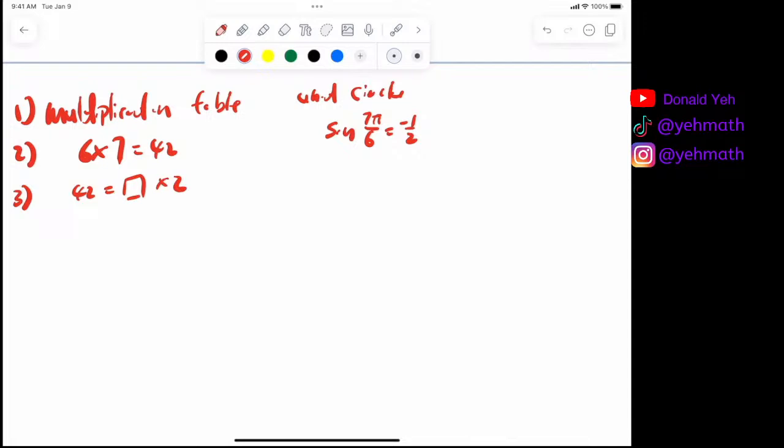Then I restrict it so that it has to be something times 2, not something times 6. So there's some type of restriction in play, and therefore this one has to be 21. But here, it's probably sine inverse of negative square root 3 over 2. So the answer is what? Negative pi over 3. Good.